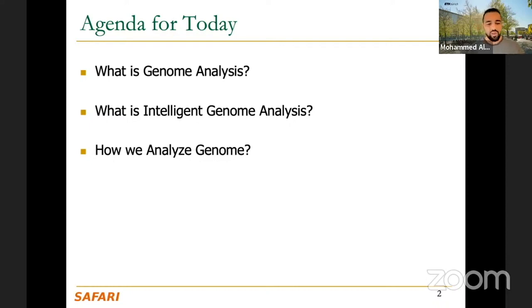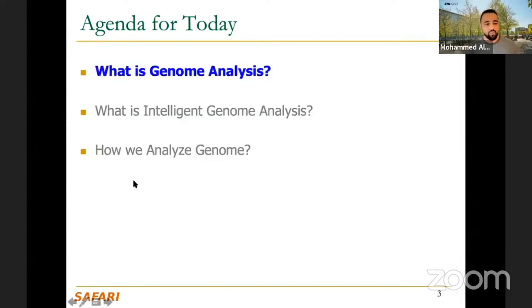All of these factors together, we call them intelligent genome analysis. So intelligent genome analysis is not really just fast analysis, but rather many other things that we need to account for. And toward the end, we'll explain how we analyze the genome.